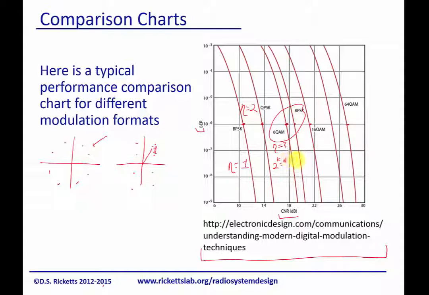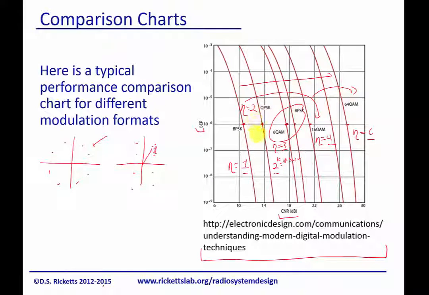So 8 is 2 to the 3, 16 is going to be 2 to the 4, so the spectral efficiency of 16 QAM is going to be equal to 4, and then finally 64 is going to be a spectral efficiency of 6. So you can see as we march up, our spectral efficiency increases by K: 1, 2, 3, 4, and 6.